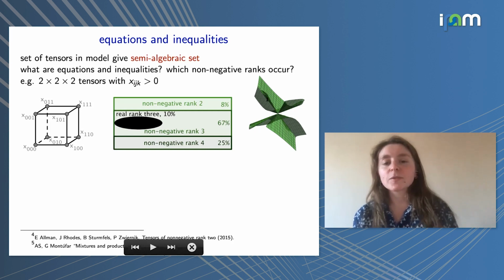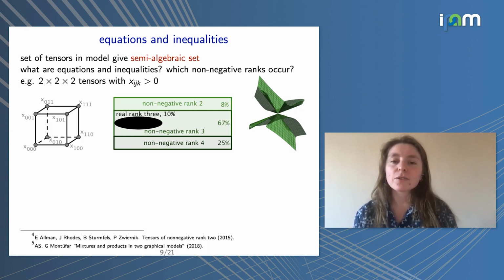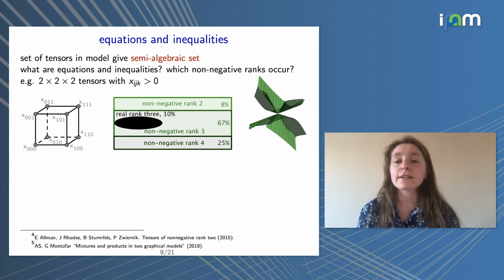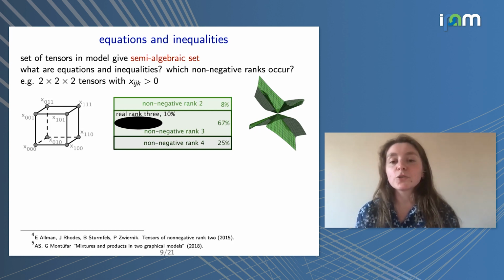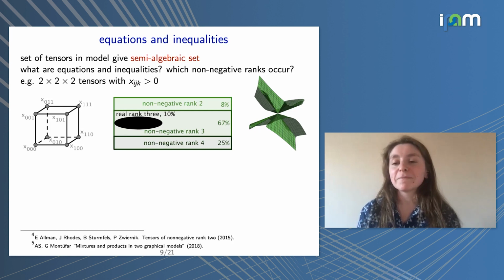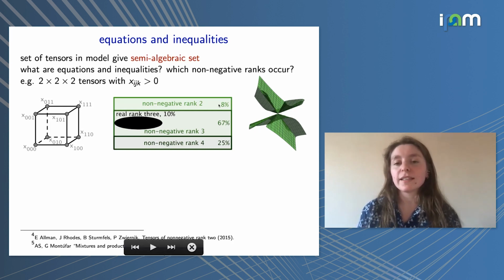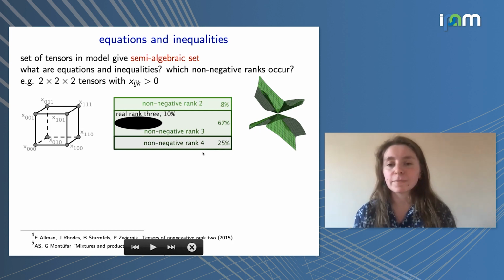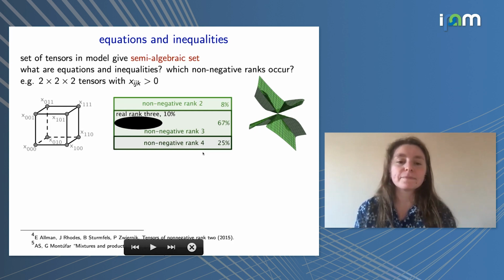Then we come to our non-negative ranks. The non-negative ranks that can occur are 2, 3, or 4. By sampling in the probability simplex, we can compute the relative volume of these different sets of tensors, and this is what we get.